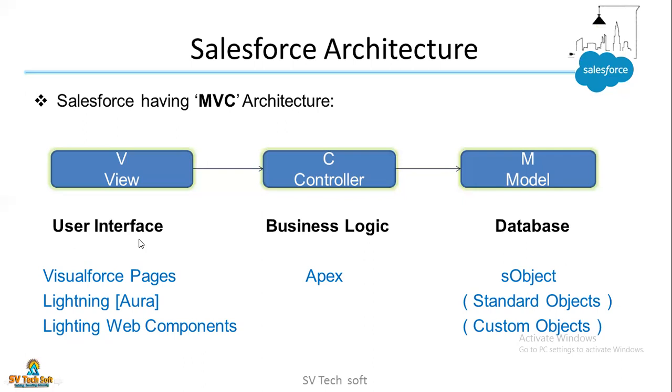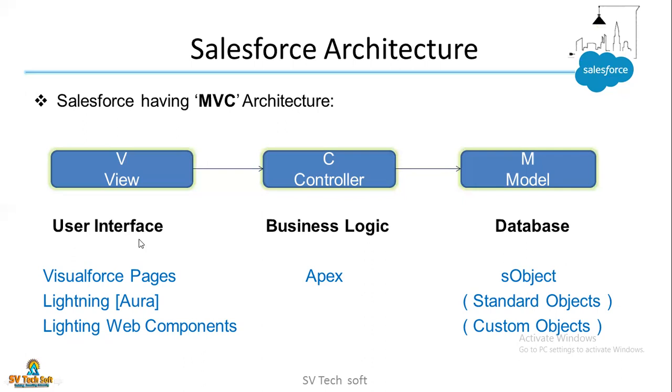Salesforce by default provides CRM features. CRM means customer relationship management, which comes under Sales Cloud and Service Cloud. Because of this, Salesforce by default provides some standard objects. Standard object means predefined, already inbuilt in the system.